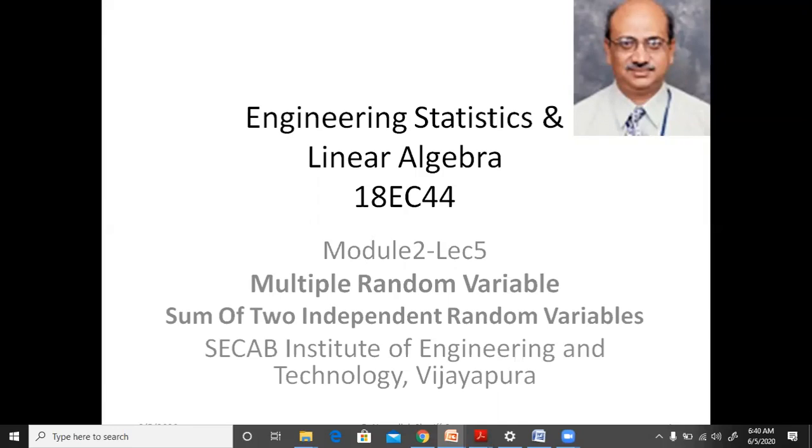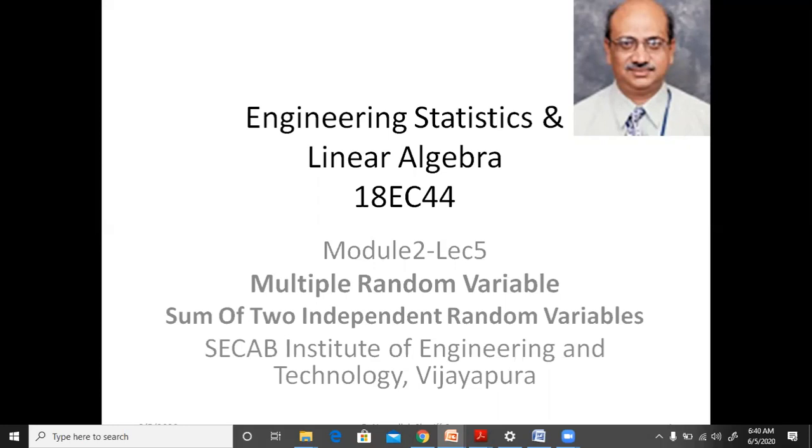So we are studying the chapter Multiple Random Variables, and after that we are studying the sum of two independent random variables. In Lecture 1, we studied the bivariate PDF and CDF. Also in Lecture 2, we studied bivariate expectations.